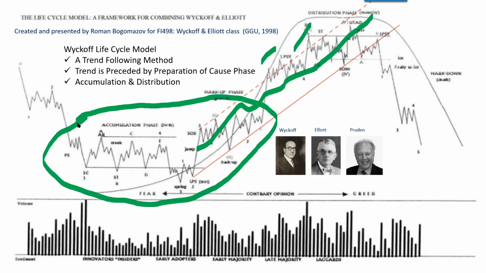And so campaign trading uses this model for the market cycle or for the stock cycle to be able to conduct our strategies, our tactics as we go forward in time. You'll see some of that today.